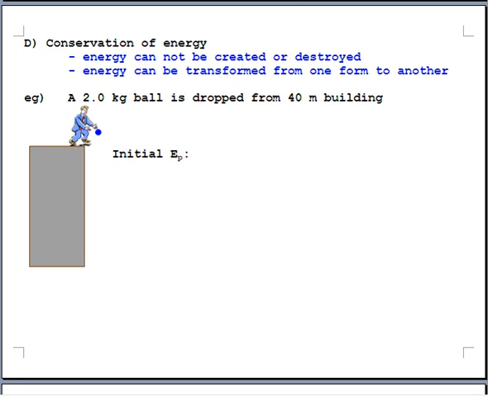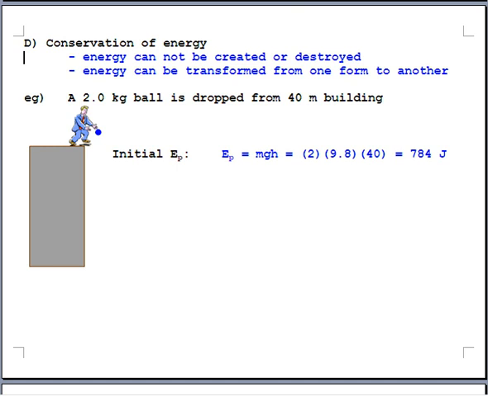It's not moving yet, but it's 40 meters above the ground, so there's lots of ability to do work there. Potential energy is m times g times h. You throw those numbers in your calculator, you would get 784 joules of potential energy. That's how much work the ball could do when you're holding it up on the top of the building.